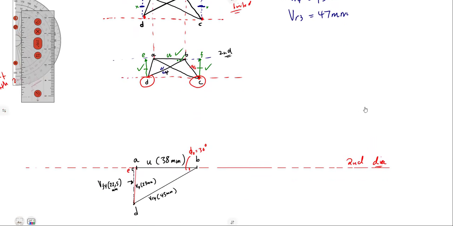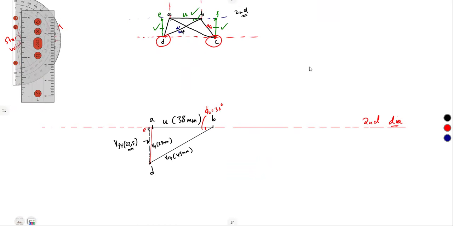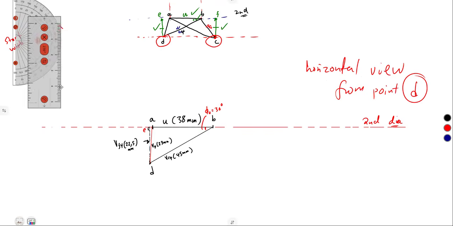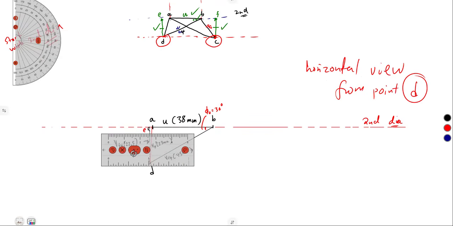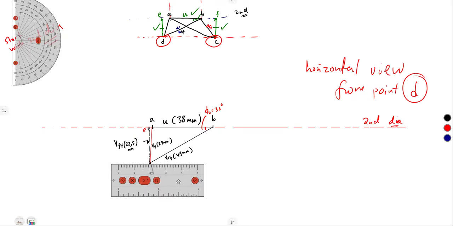So this is what you're going to do. You're going to construct a horizontal view, or a horizontal line, from point D.